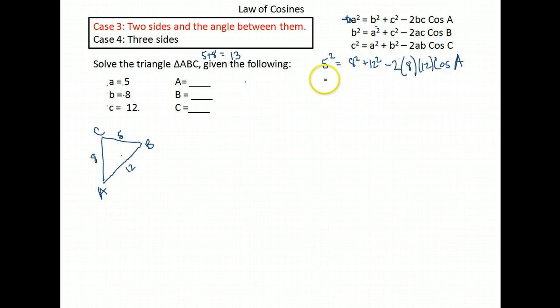Okay, we want to simplify here, so 5 squared is 25, 8 squared is 64, 12 squared is 144. Here I'm going to multiply my 2 times 8 times 12 so that I can simplify as much as I can.